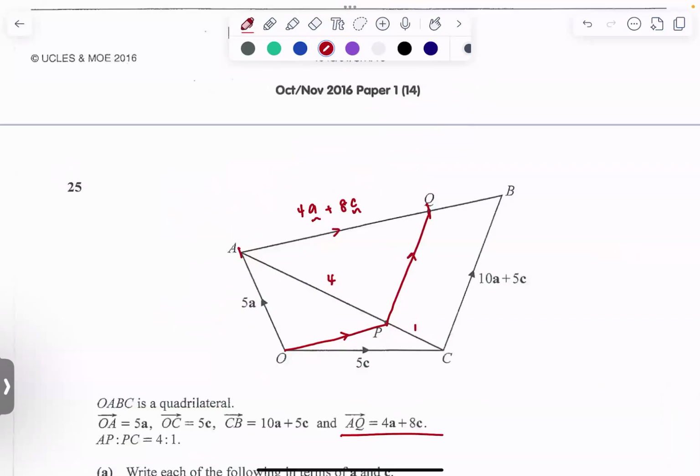PQ here, right, is equal to this purple line in this direction going this way, right? Specifically P to A first and then A to Q, right? Sort of like the resultant line.